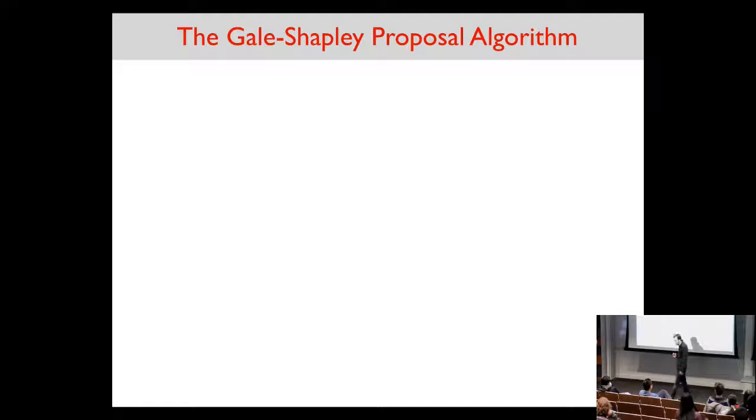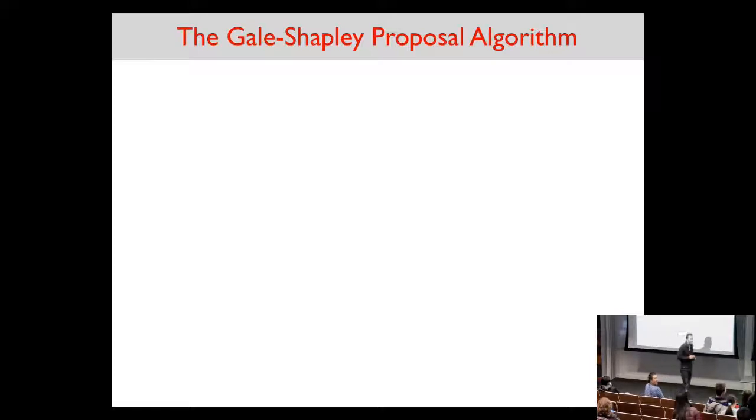But let me just say, the way I'm going to describe the algorithm is as follows. I'm going to change the meaning of the sets. We were thinking of the sets as students and internships. Now we're going to think of the set X as some set of men, and the set Y as some set of women. And we're trying to get them married.